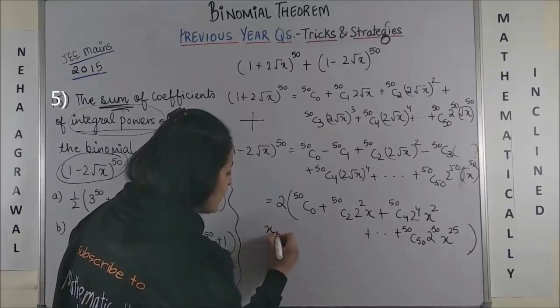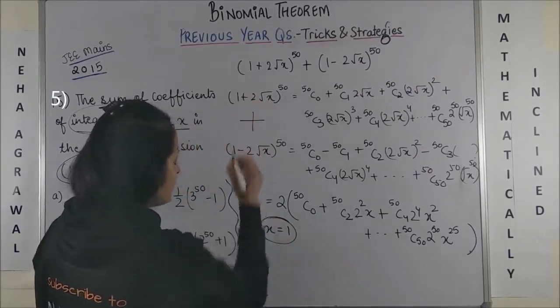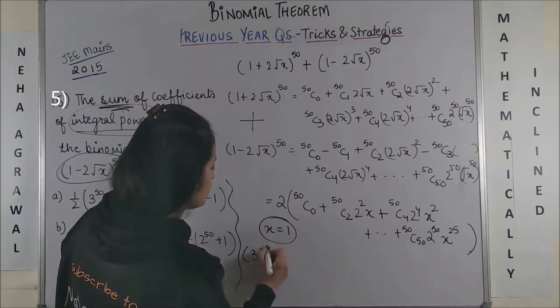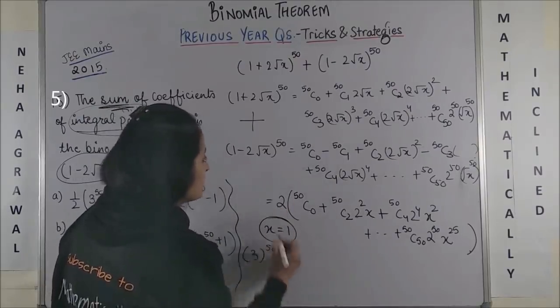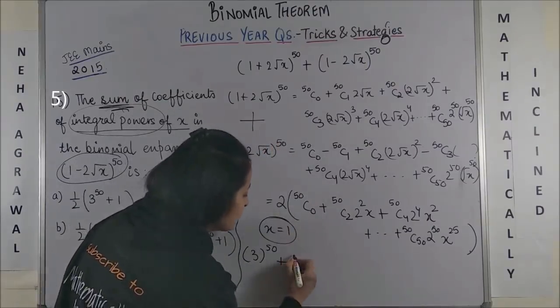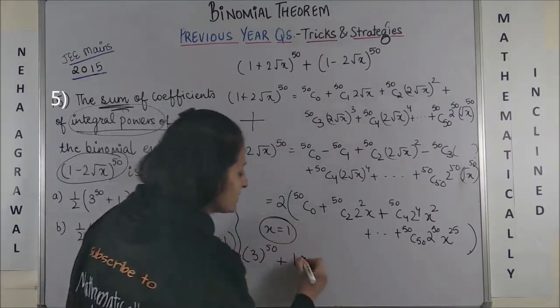So putting x as 1, what happens? My left side becomes 1 plus twice of 1, so 3 raised to power 50, plus 1 minus twice, so minus 1 raised to power 50, again it would only give me a 1.